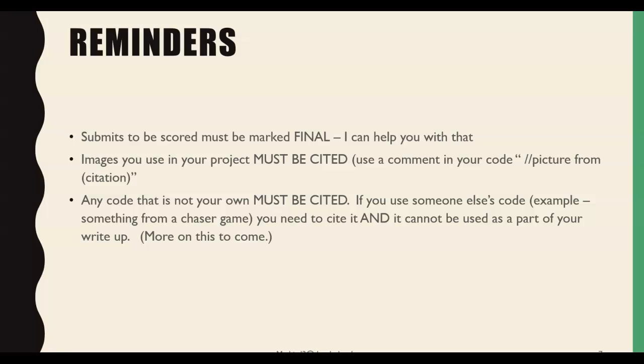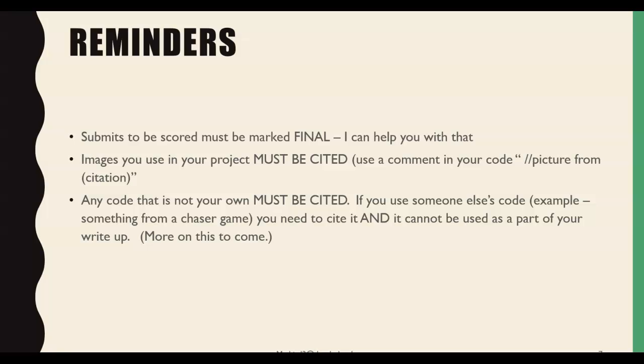Any code that is not your own must be cited. Now, don't get excited that you can use somebody else's code. Here's the little caveat. If you use somebody else's code, for example, I'm going to show you later on in some videos a Grumpy Cat video or project, and it had a chaser game to start off with. Well, we've all done the chaser game in code.org, so you can't use that because we've done it in class.